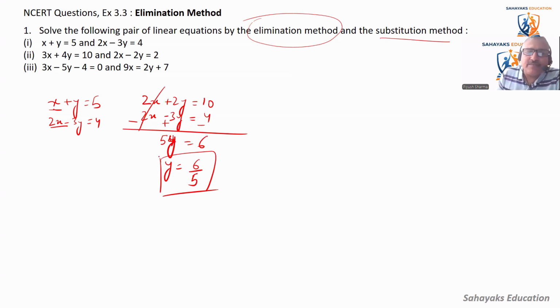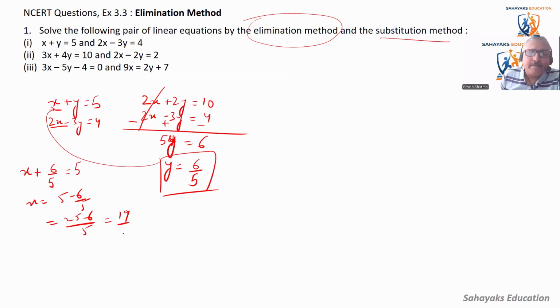And if I put the same value in the first equation, it becomes x plus 6 divided by 5 is equal to 5. So x is equal to 5 minus 6 by 5, which is 25 minus 6 by 5. It becomes 19 by 5. So the first equation is solved by elimination method. We eliminated one variable.